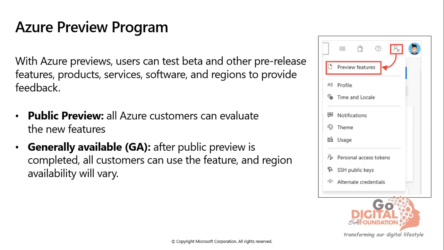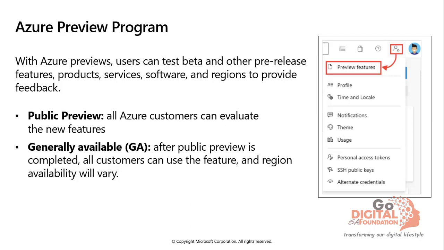So the public preview is that all customers can evaluate new features. So if there are new features or new products in Azure, you are given the right to check them out, explore and use those services, and test them out.